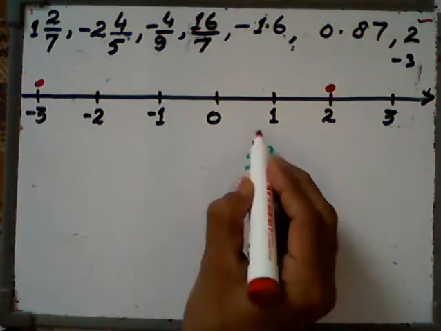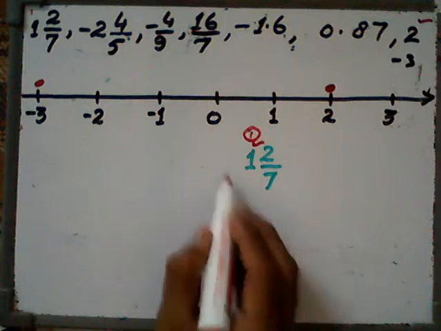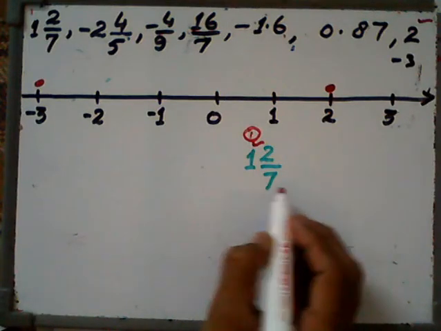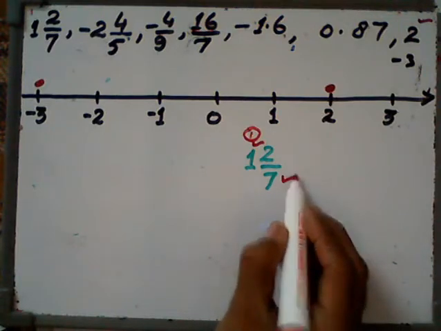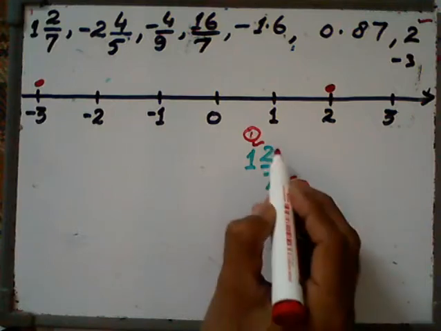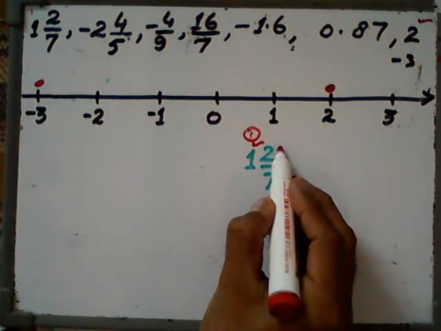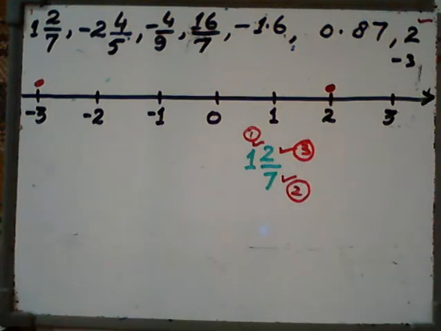I am writing it one by one because we will be solving it one by one. Which part will we solve first? We will solve the 1 first, then the denominator second, and then the numerator will be the third step.